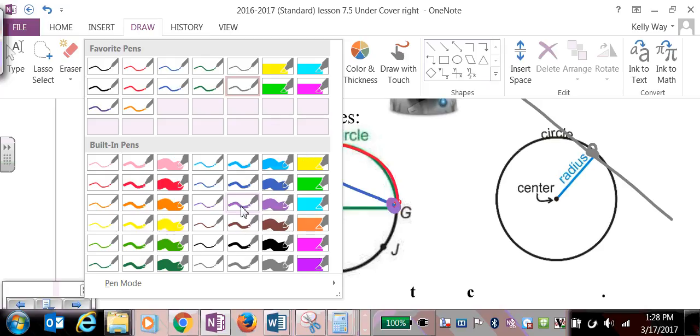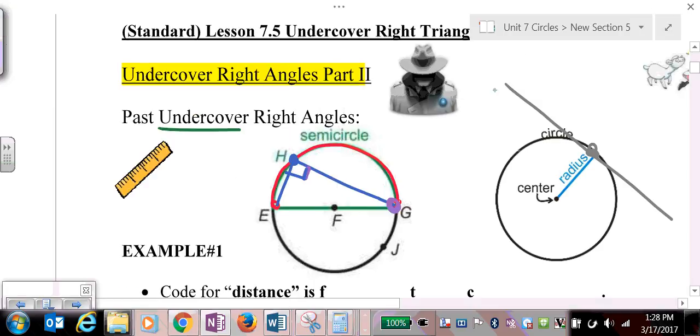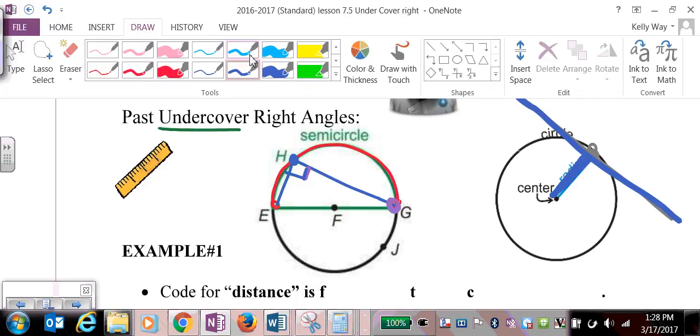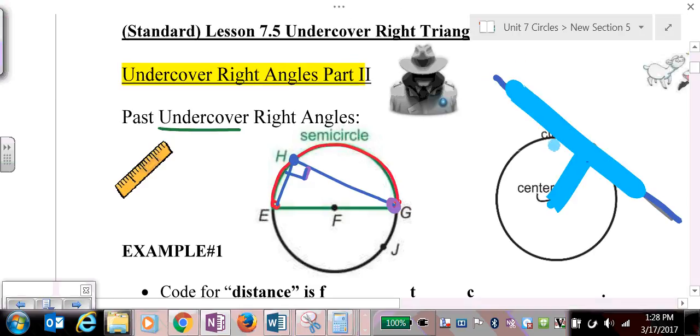Ready? Trace and sing with me, folks. If tangent to a radius, radius to tangent, right angle at the edge.